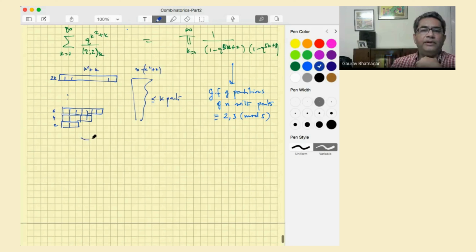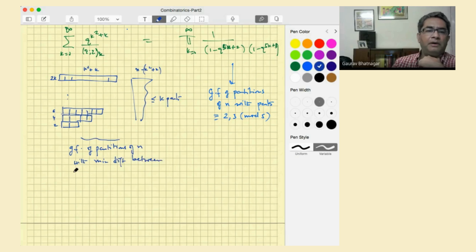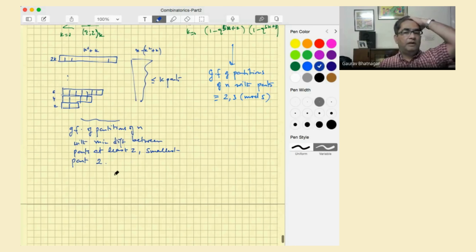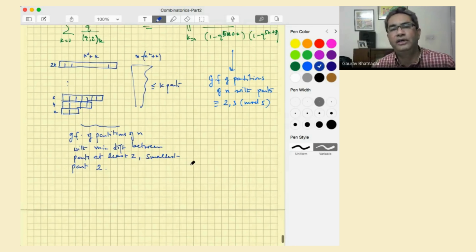Right. So ultimately, you get the generating function of partitions of n with minimal difference between parts at least 2 and smallest part 2. So without 1, you have to have a 2 in there. 2 is the smallest part, and then these two.